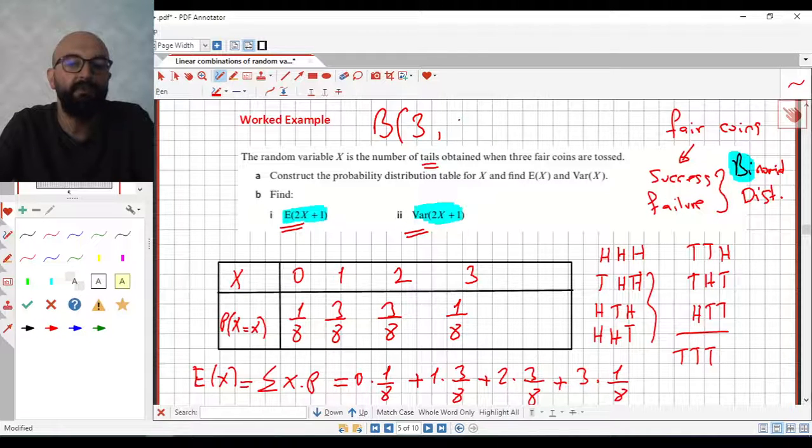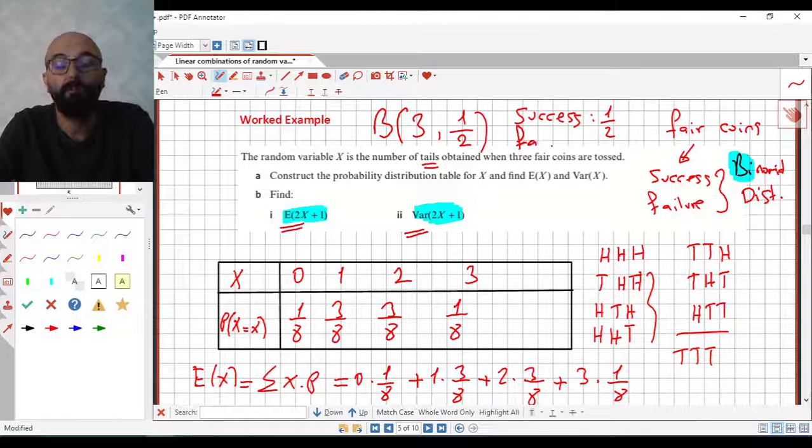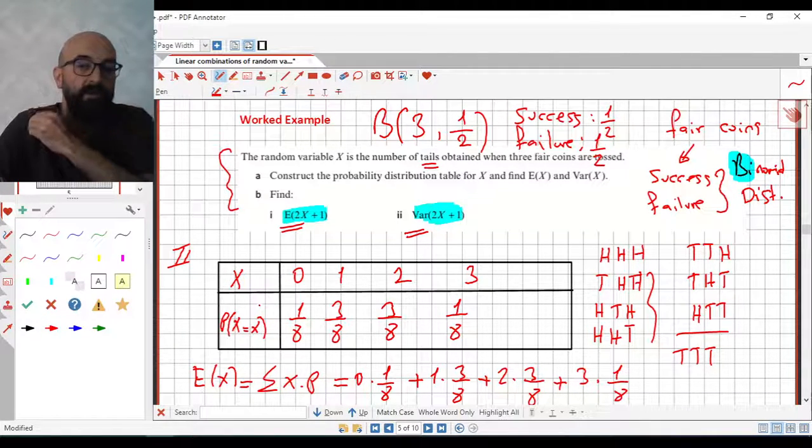The probability of a tail is 1/2, so the probability of success is 1/2, and the probability of failure is 1/2. So this example is related to the binomial distribution, and we can use this process in binomial distribution examples.